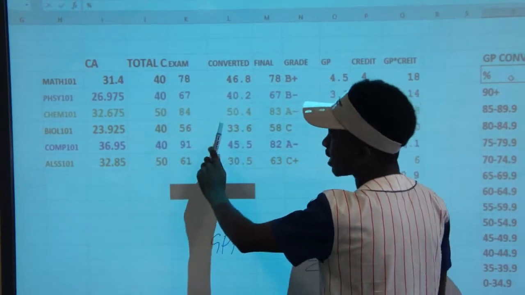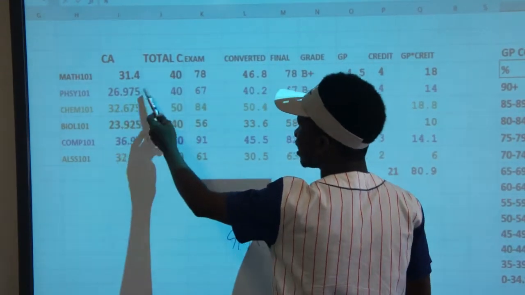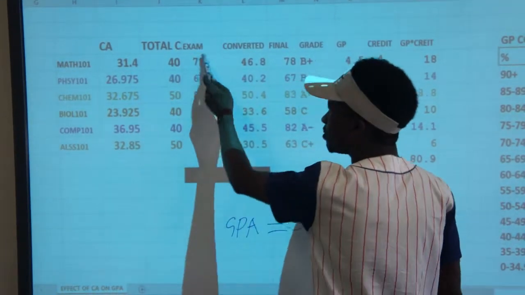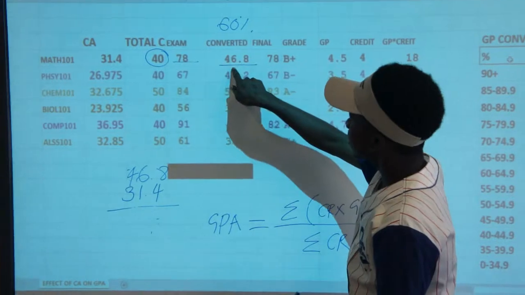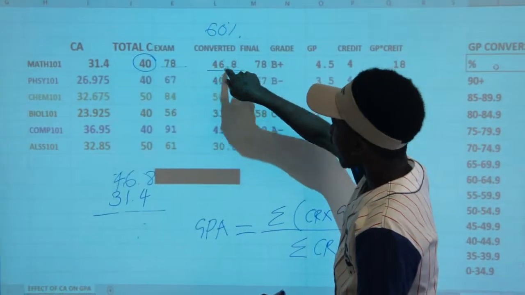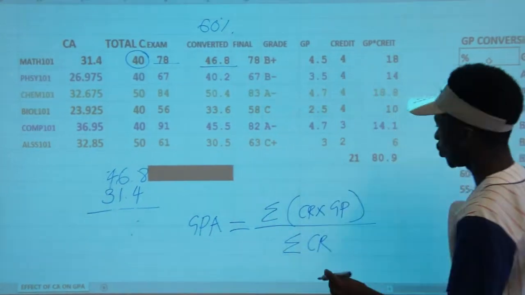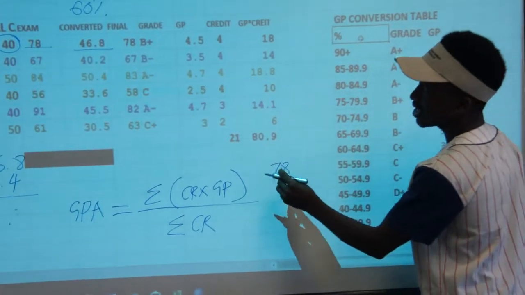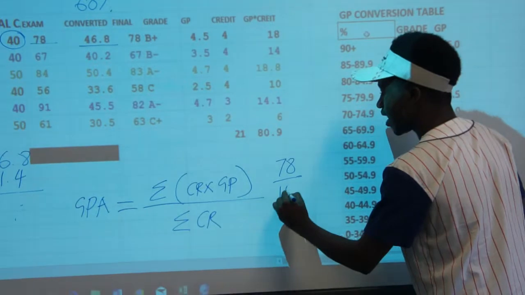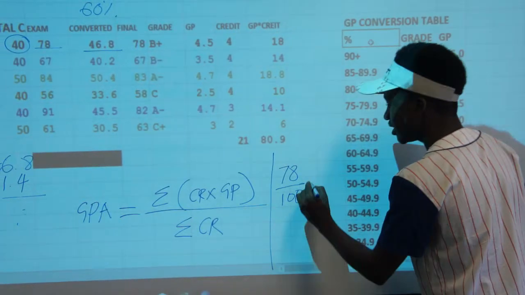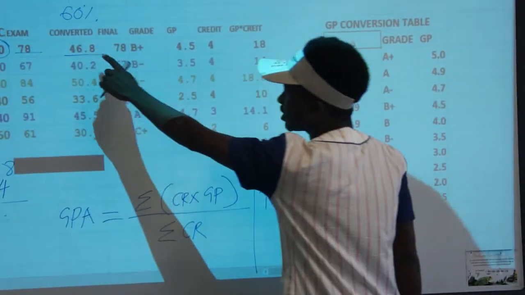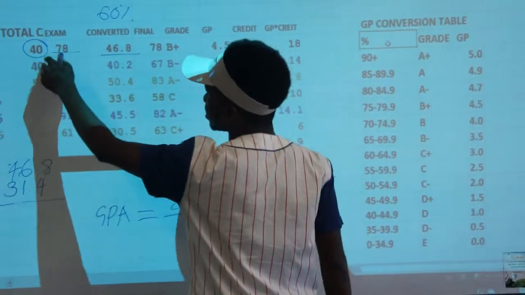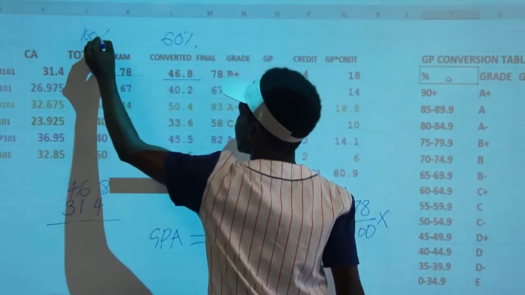And we are assuming that if student X obtained this, and in the examination you obtained 78, you convert that 78 to out of 60. So this is how you do it. If you have 78, you are going to say 78 out of 100 times the total that is left, because the total percentage is supposed to be 100%.